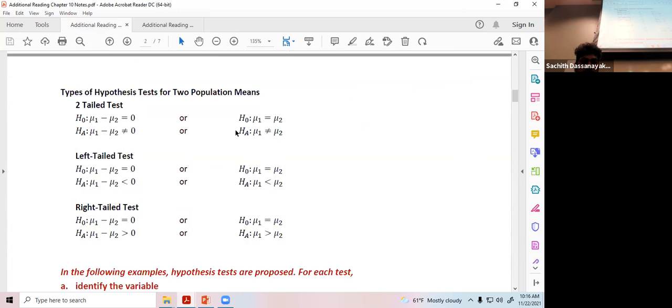As I mentioned, these are the hypothesis tests based on two tail or one tail. It doesn't matter which way you define it, this way or this way, that's fine. They are the same. You can write it like mu1 minus mu2 equals 0 or mu1 equals mu2. That's totally fine. You can swap these two or mix these two. Anyway, don't forget to mention both of them.